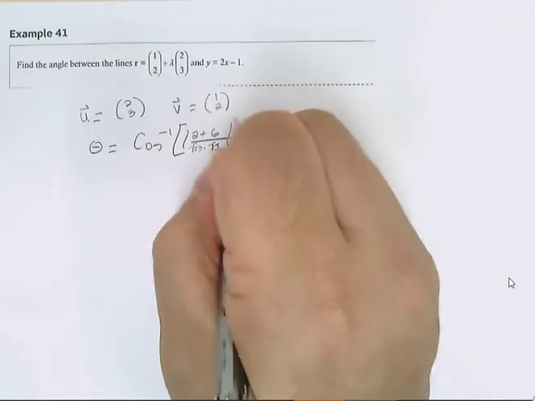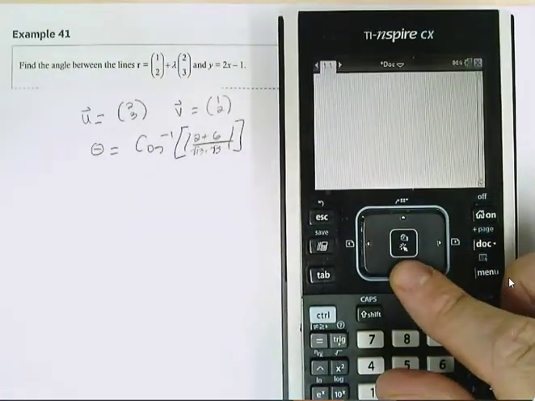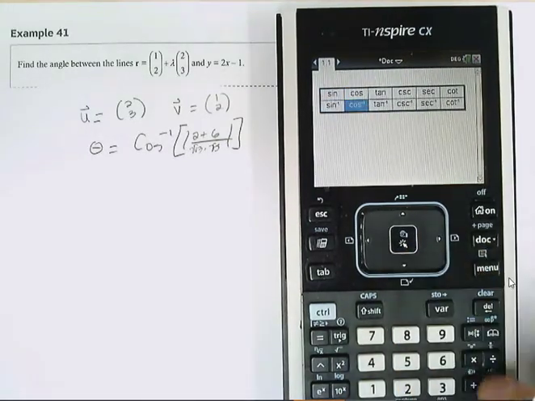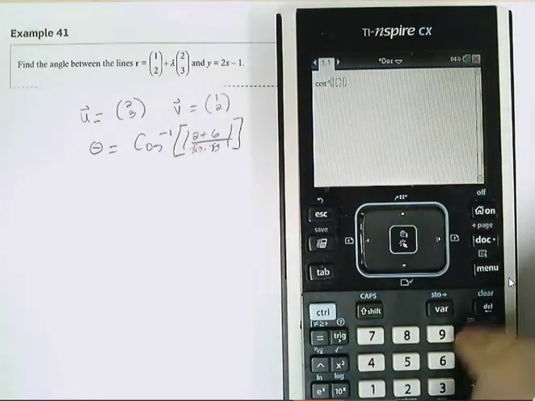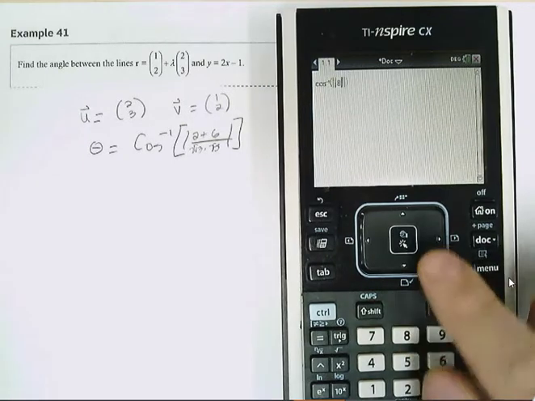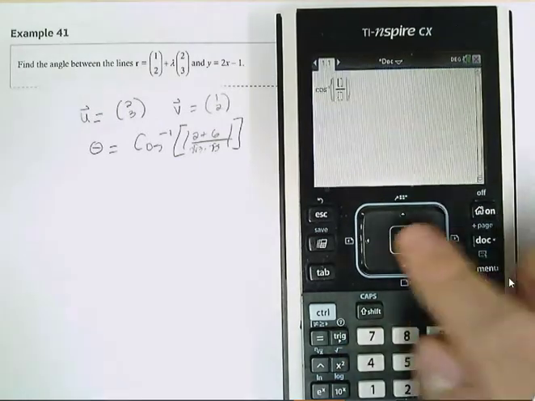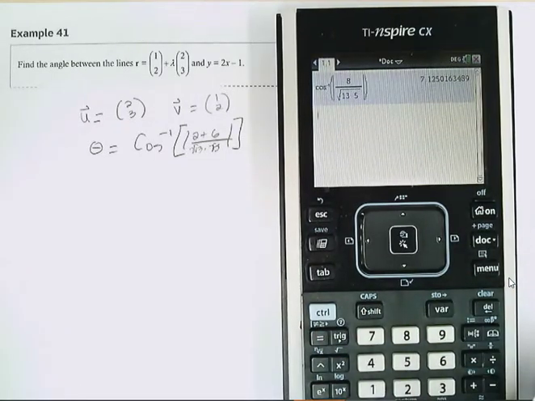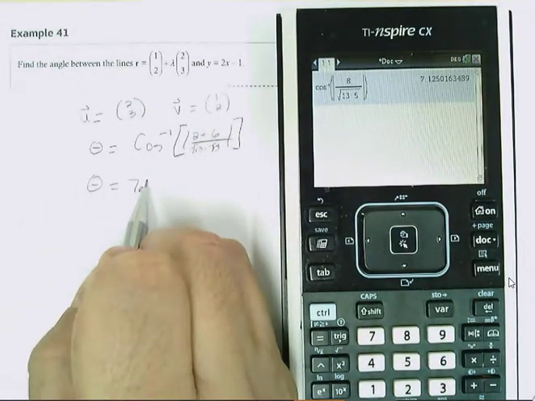And then I can go ahead and use my calculator: the cosine inverse of the absolute value of the fraction, 8 over root 13 times 5. And that comes out to theta is approximately 7.12 degrees.